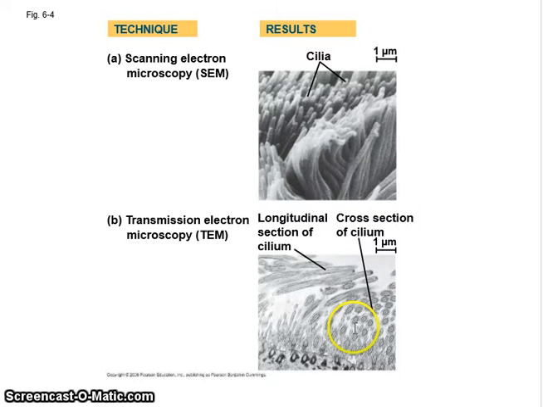This picture is the same thing that came from here, but now we're just looking at the inside of it. We would see something similar if we used a light microscope, but of course we would have to look at something larger than a cilia. Once we get done talking about microscopes in lab, this will all make more sense, but again, I just wanted to give you a brief overview of the light microscope versus the electron microscope.